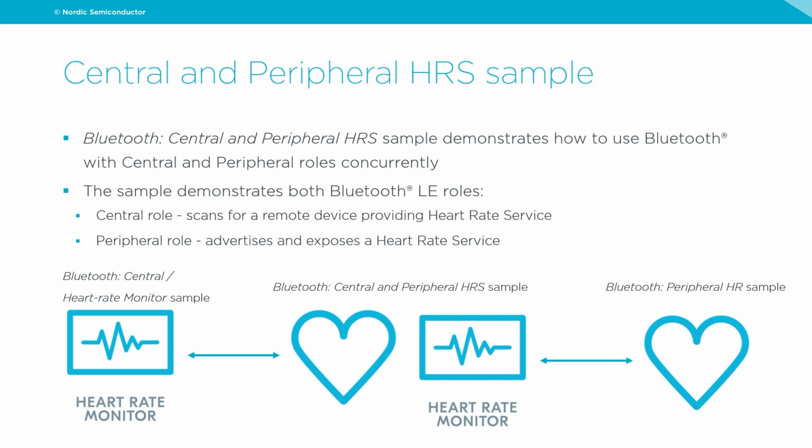When connected also as peripheral to the device acting as a Heart Rate Service client, denoted as heart rate monitor, the sample starts working as a relay. It collects data from a remote device with Heart Rate Service that is sending notifications and sends this data to another remote device providing a Heart Rate Service client.